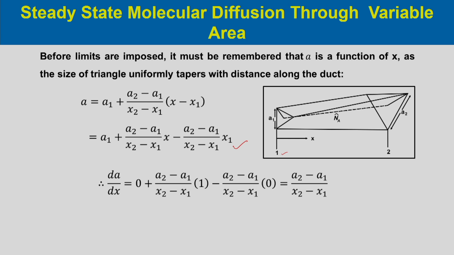If we differentiate this equation with respect to x, then da by dx would be equal to 0 plus a2 minus a1 by x2 minus x1 into 1, minus a2 minus a1 divided by x2 minus x1 into 0, which simplifies to a2 minus a1 by x2 minus x1.